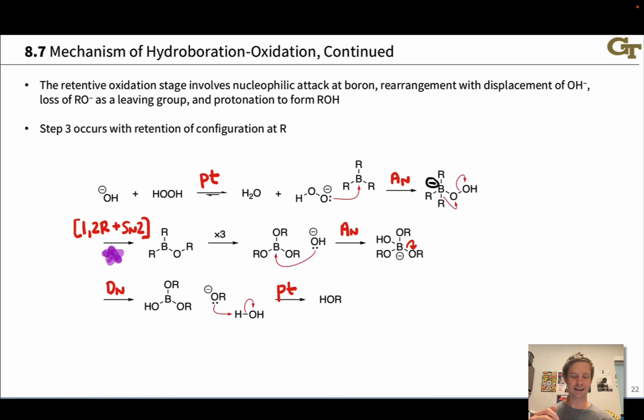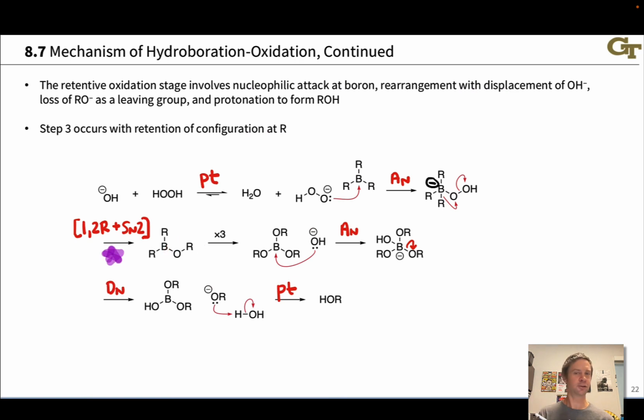This boronate anion can undergo an interesting rearrangement step with loss of hydroxide, something like a 1,2-rearrangement with SN2 displacement of hydroxide at this oxygen. It's a funky looking step, but it kicks off hydroxide and generates this new borane with an OR group where there was an R group before.